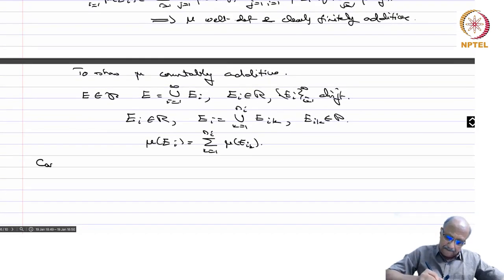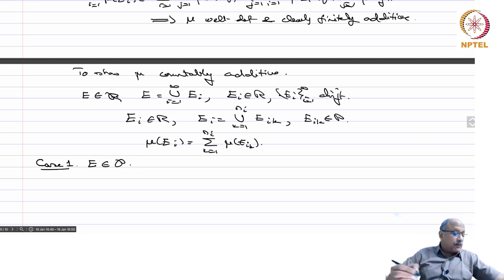Case 1, E itself belongs to P. So E is in R. Okay, so E may belong to P itself.